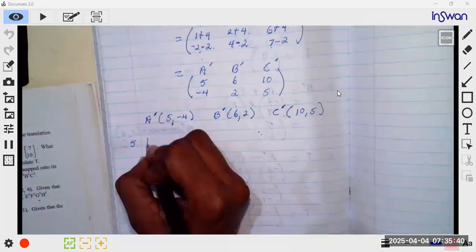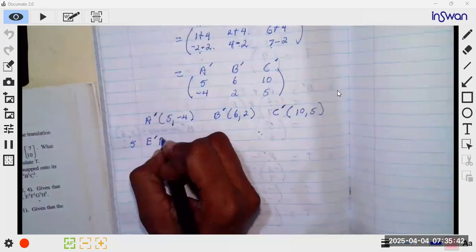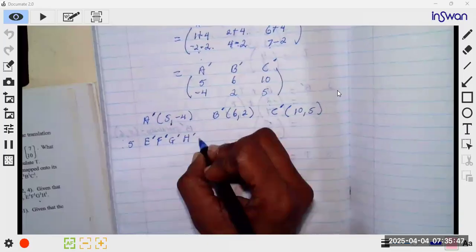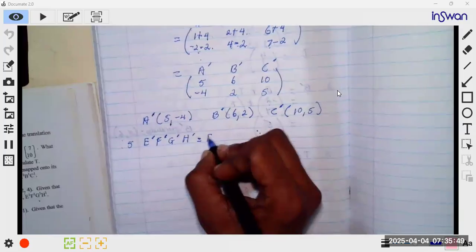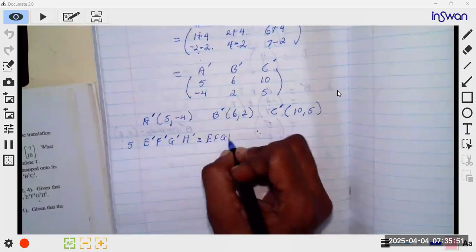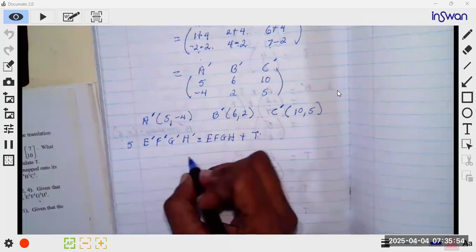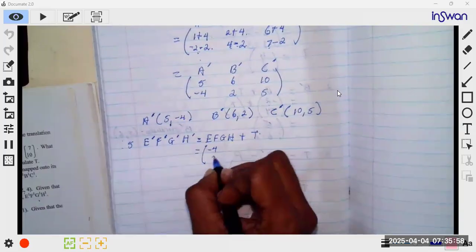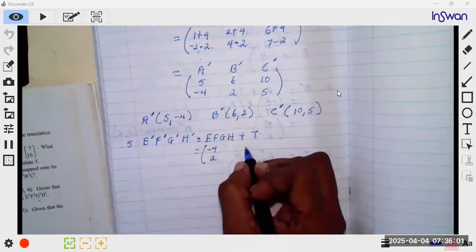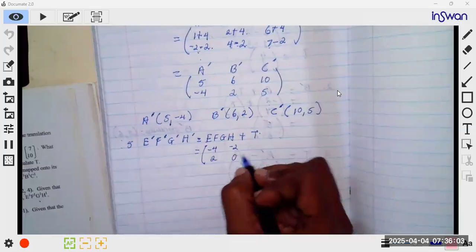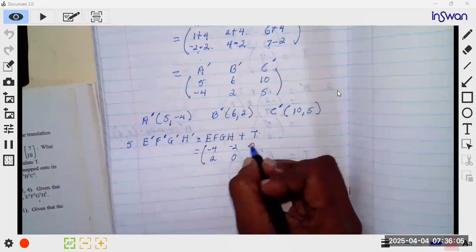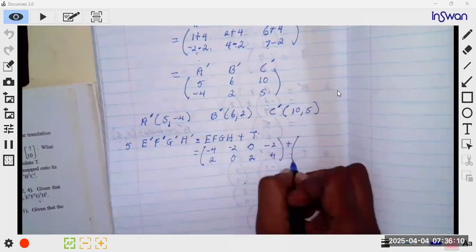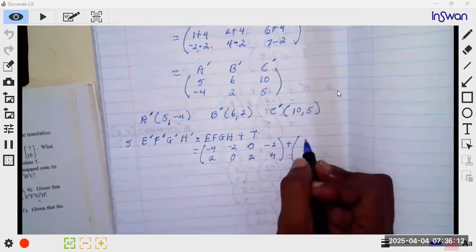The image E prime, F prime, G prime, H prime will be equal to E, F, G, H plus my translation vector. So that will be minus 4, 2, minus 2, 0, 0, 2, and minus 2, 4, plus my translation vector, which is 6, 3.